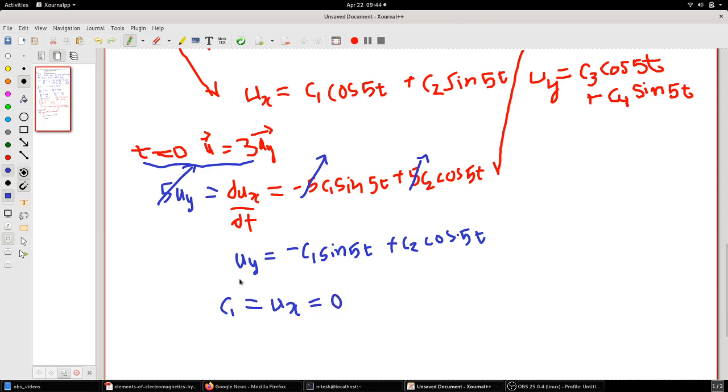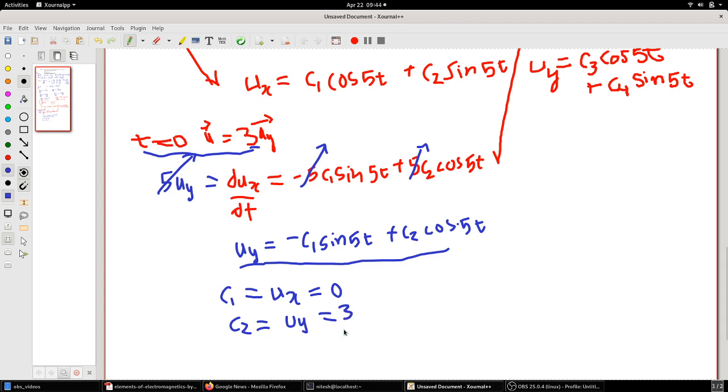Second one, I'll replace it here. So what I'll get is minus C2 into cos of 0, sine of 0 will be 0. So C2 equal to uy, that's the initial condition, equal to 3. Okay, so this is what I get.